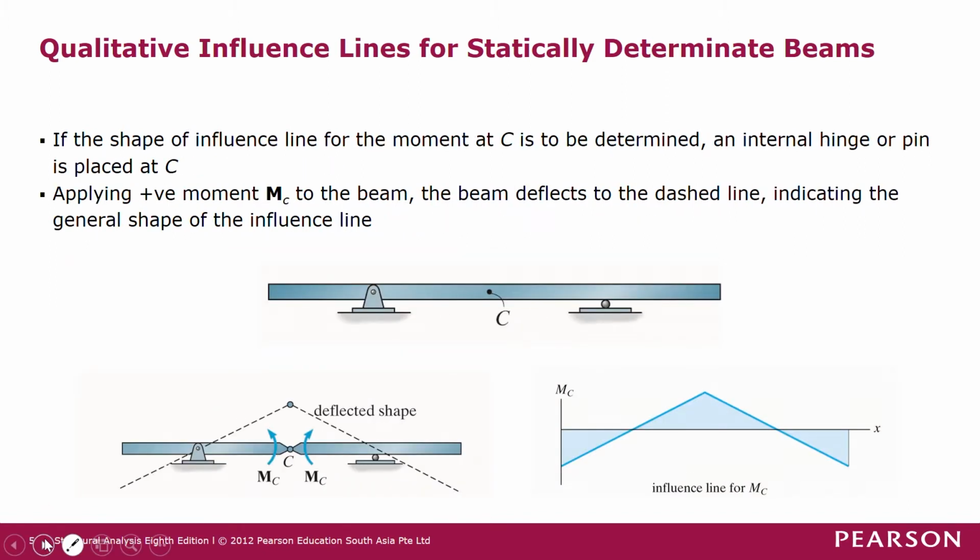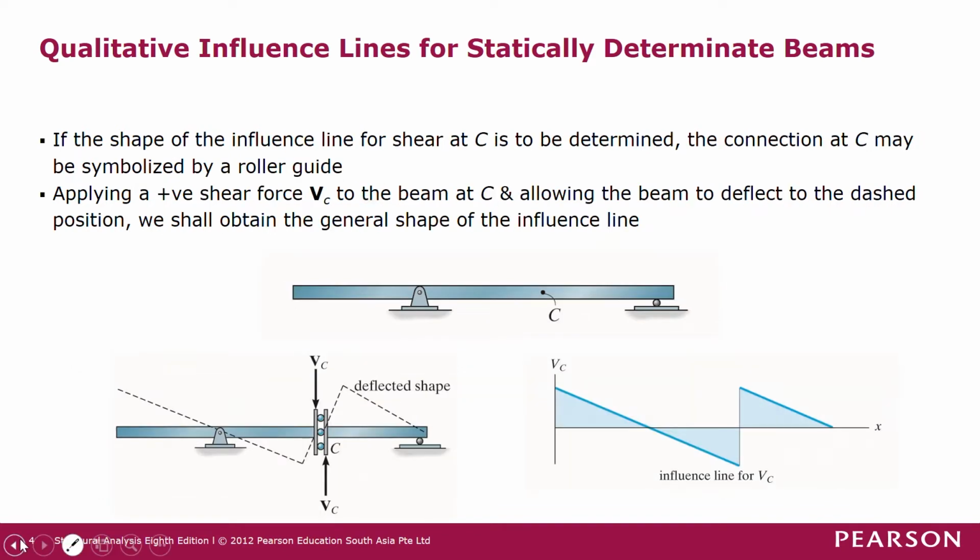Then next we look at the shear. So for shear, if the shape of the influence line for shear at point C for this overhanging beam is to be determined, then the connection at C may be symbolized by a roller guide.